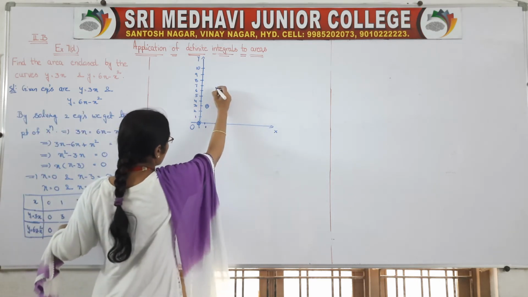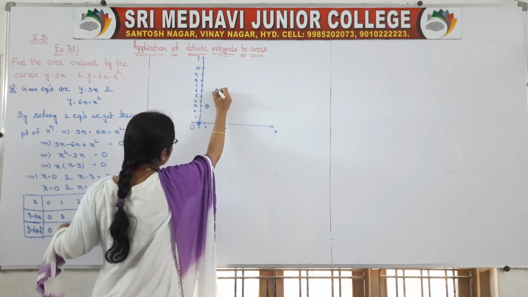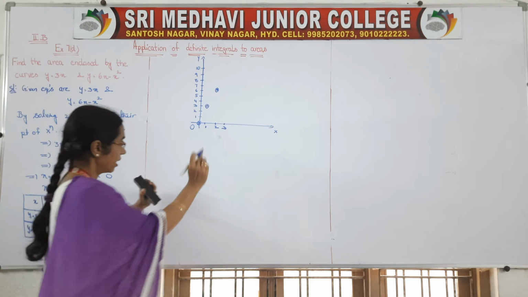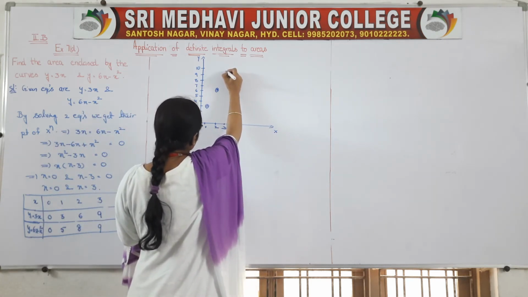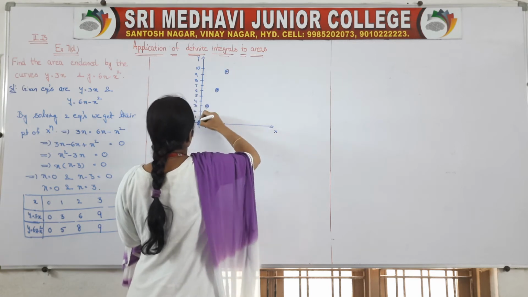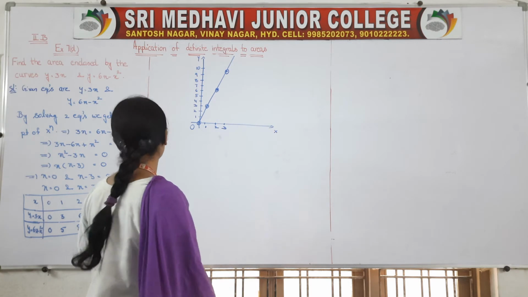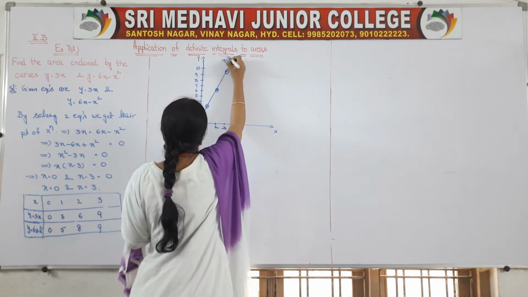Next x at 3, y at 9. So this point. Join them. Okay, so this is your y is equal to 3x curve.